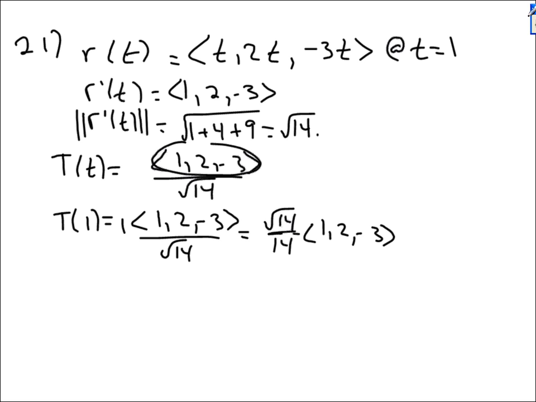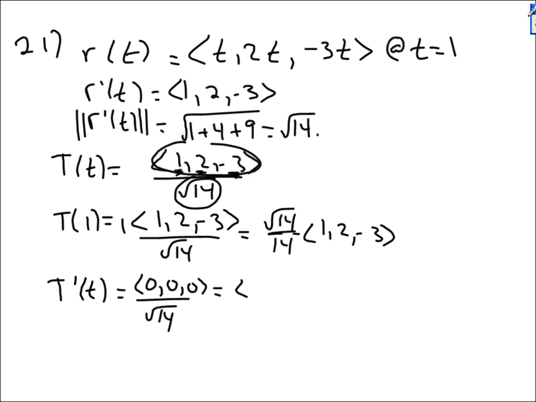That N of t is T prime of t divided by its length. Well, T prime of t, the square root of 14 stays in the bottom, but when you take the derivatives of each of those constants, you get 0. Divide each of those values by square root of 14, they're still zeros.